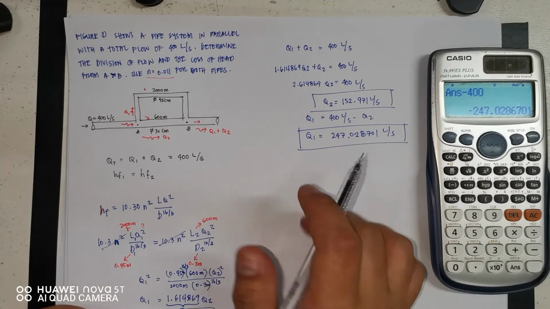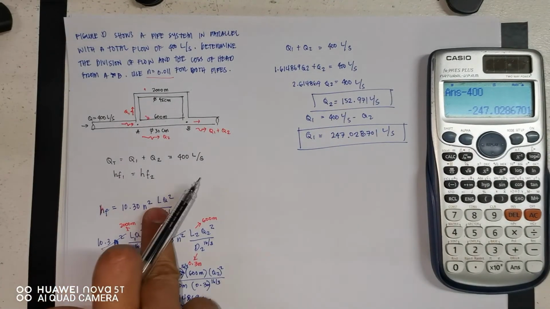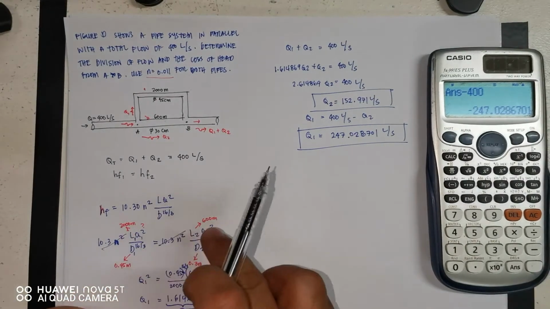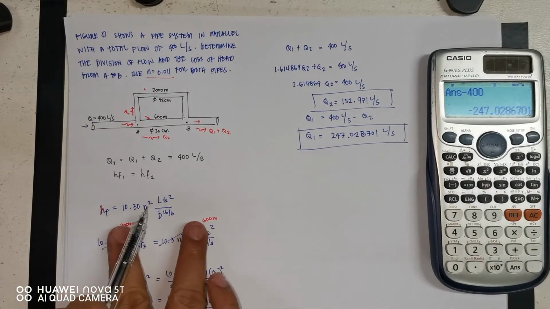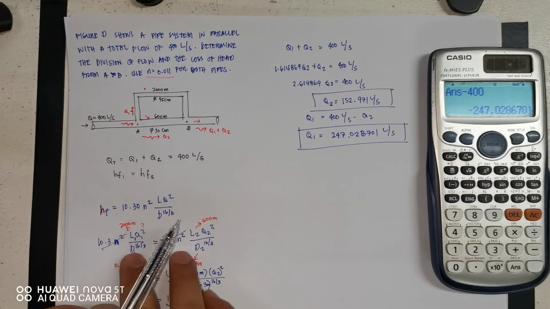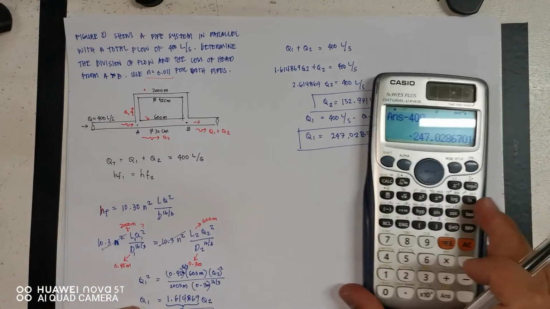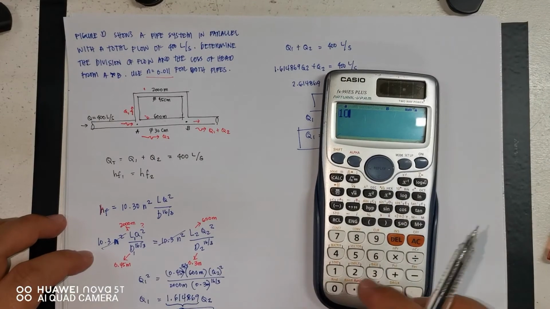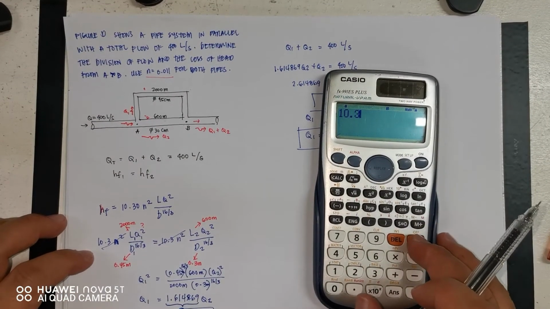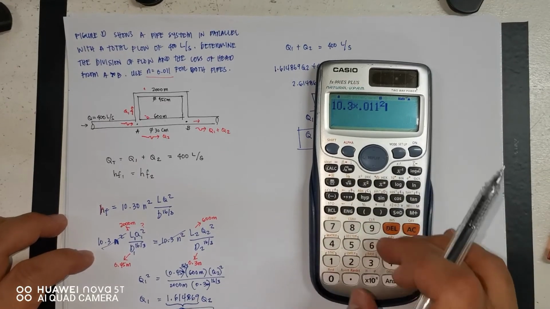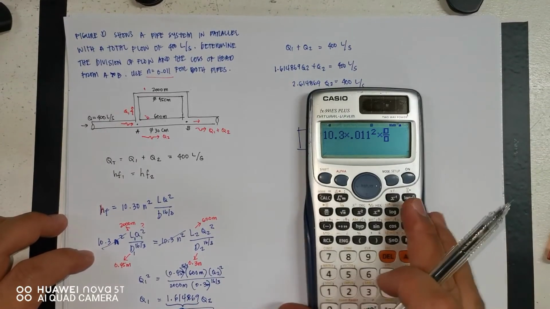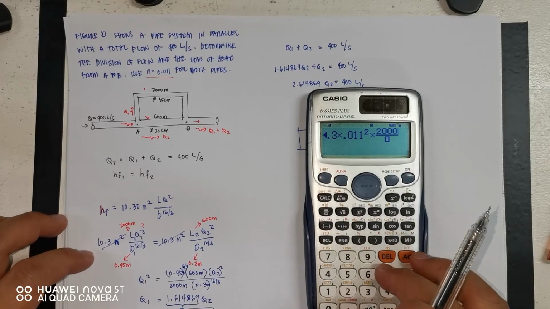So kapag dinoble check mo yan, pwede mo itong i-substitute ngayon dito, tsaka dito, makukuha mong sagot is definitely equal dapat. Pag hindi nag-equal, ibig sabihin may mali kang nagawa. Okay? So try natin. So 10.3 times 0.011 squared times L. L is 2,000.